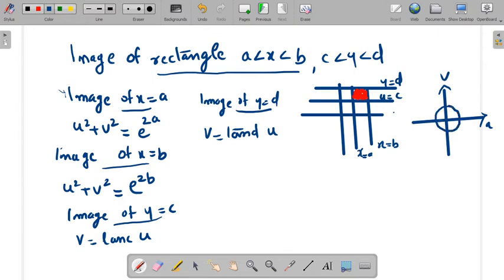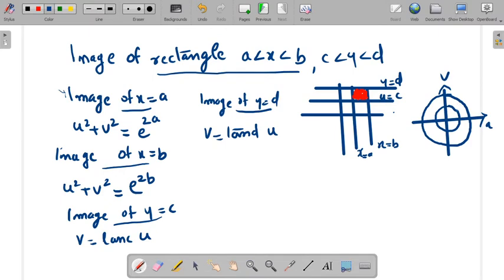Now the second one is u square plus v square equal to e raised to 2b. So we have the circle with center 0 and radius e raised to b. So a is less than b, so e raised to a will be less than e raised to b. അപ്പോൾ ഇതായിരിക്കും വലിയ സർക്കിൾ വരുന്നത്.